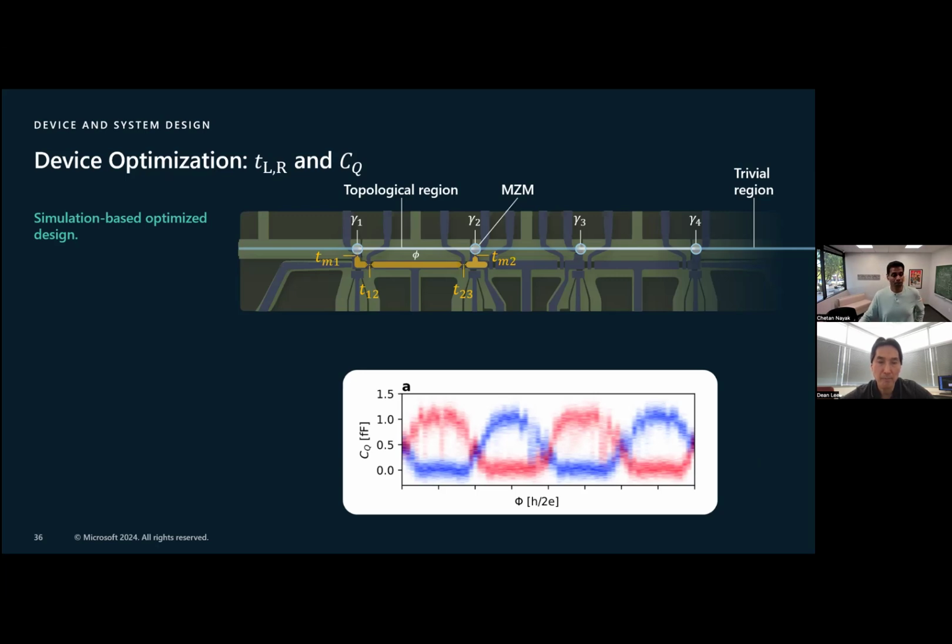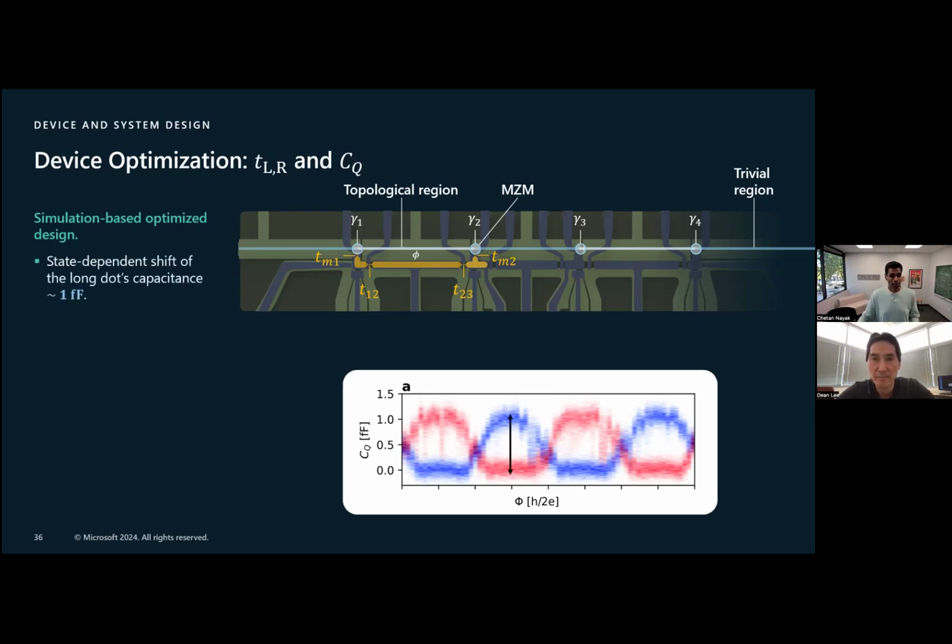Depending on whether the parity in these Majorana zero modes, and therefore in this wire, is even or odd, you either see this pink curve here or the blue, okay? They both are individually h over e periodic, so periodicity of a flux quantum or two magnetic flux quanta, and offset from each other by phase pi.